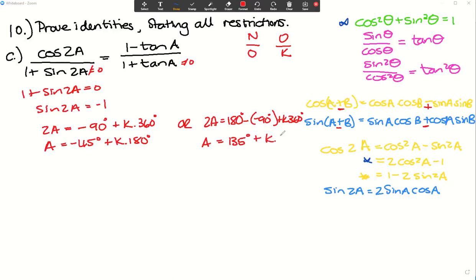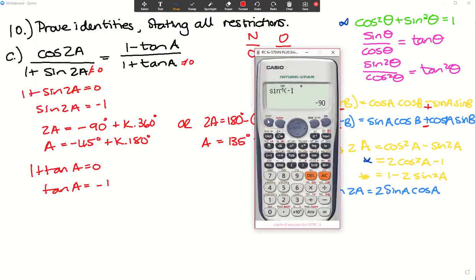Plus k times 180. Those are the 2 items for the sine, and if we have to restrict our tan, 1 plus tan alpha is not allowed, a is not allowed to equal 0, so tan a is not allowed to equal minus 1. If we want to find out what our tan is, arctan, shift tan negative 1 equals minus 45 degrees.